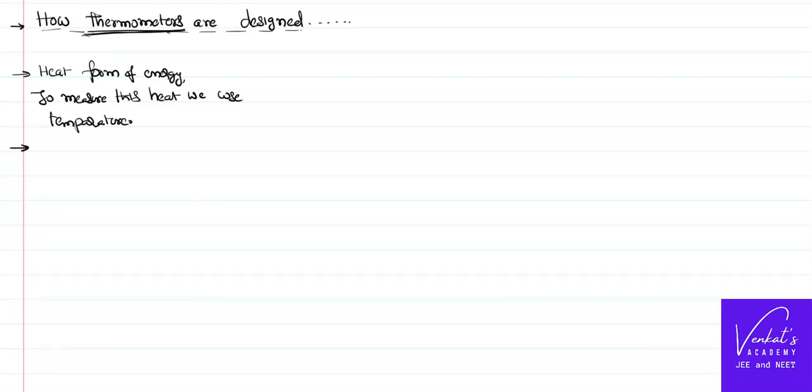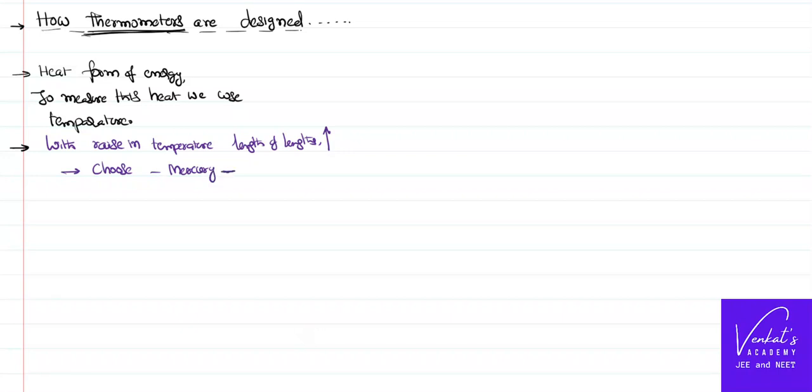How the thermometer works, let us try to understand that first. The first thing I want to tell you is, with a rise in temperature, the length, area or volume of liquids increases. We can choose a liquid, something like mercury, to measure the temperature.